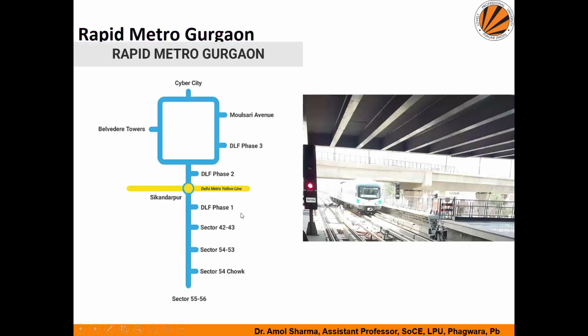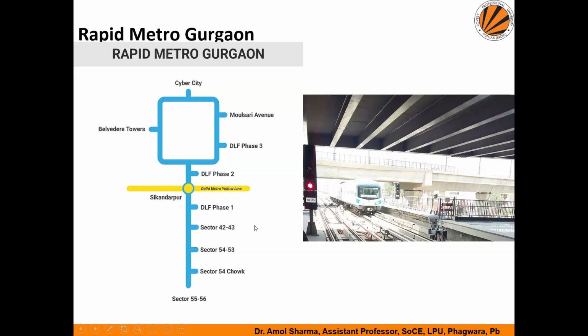This light rapid metro meets with the Sikandarpur station of the Delhi Metro. And this is a small light metro train which serves the commute inside this sector only, inside a small urbanized sector like a cyber city or an industrial area or a silicon area. All these are connected through this light rail transit.